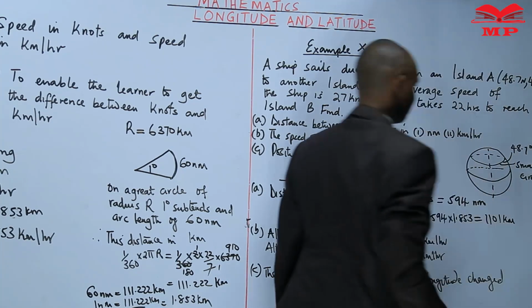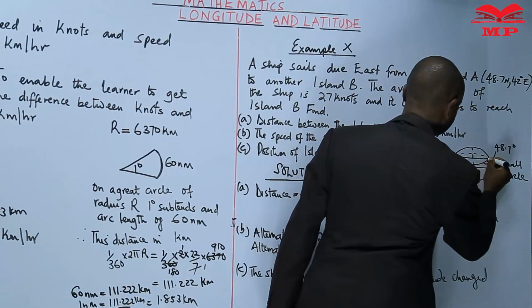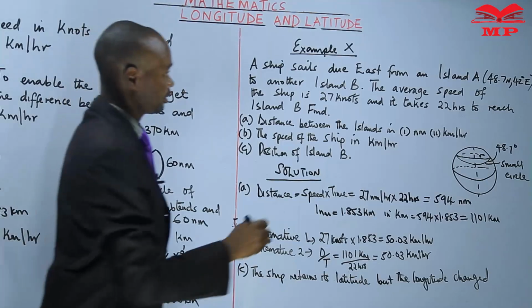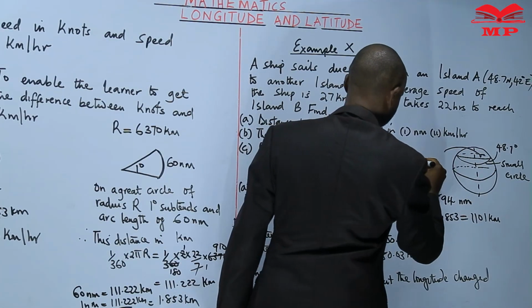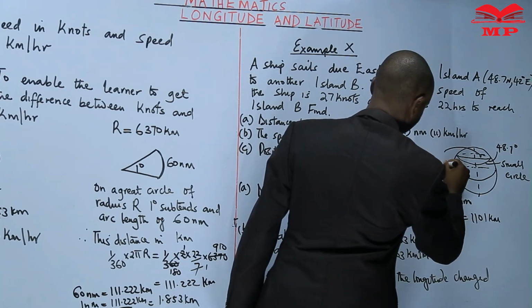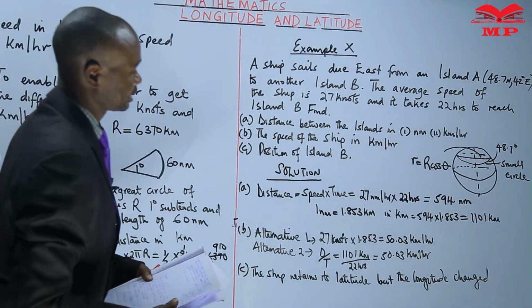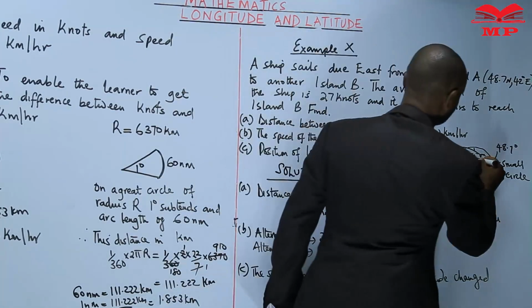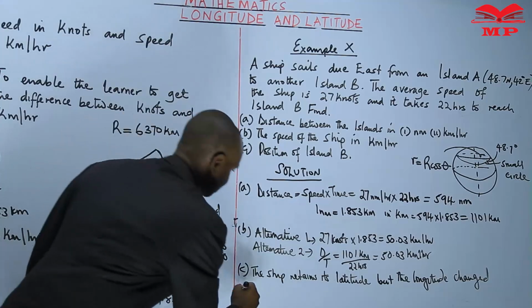So we actually have that small radius. This small radius was given by R cos theta.